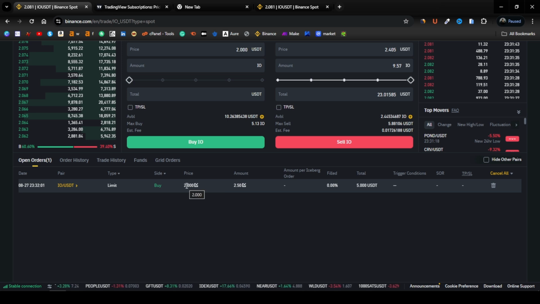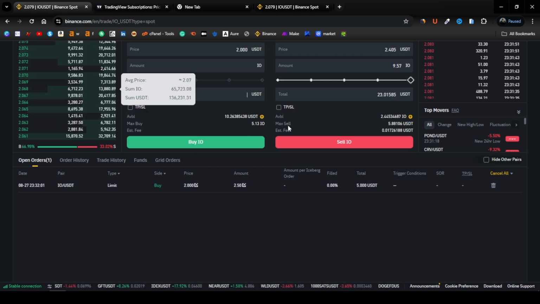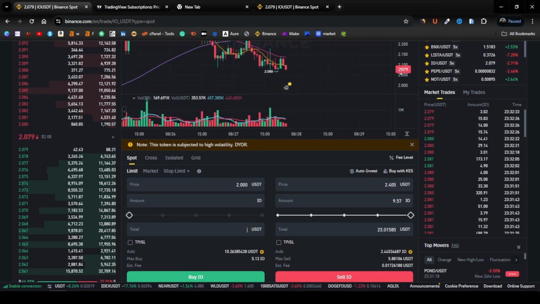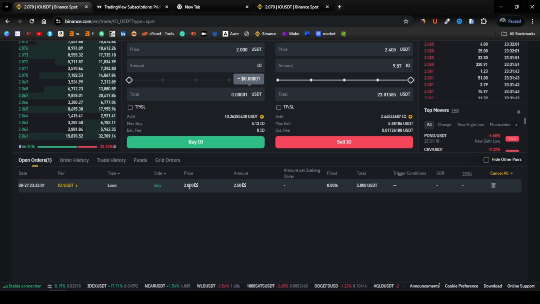It's at a price of 2. Now this order being in the open orders means it has not been fulfilled because the token has not dropped to 2. The token at the moment is trading at 2.079. So there is no way I'm going to buy it at 2 because the price has not hit this level.